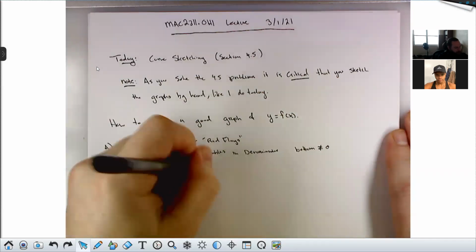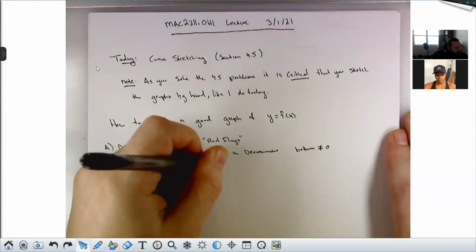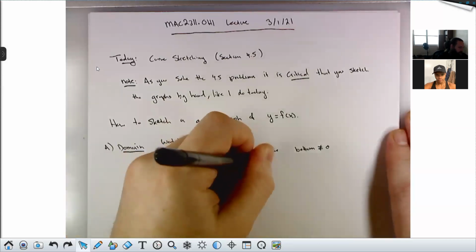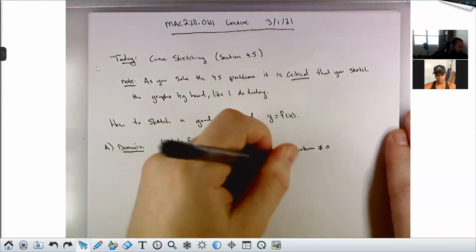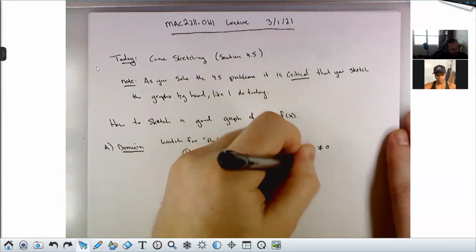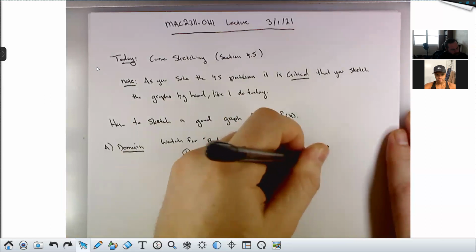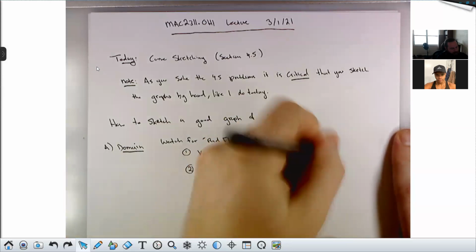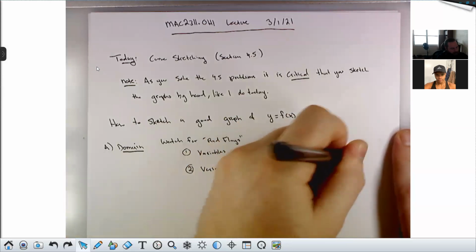The second thing is variable stuff under an even root. If you have some stuff under an even root, then that stuff needs to be greater than or equal to 0.